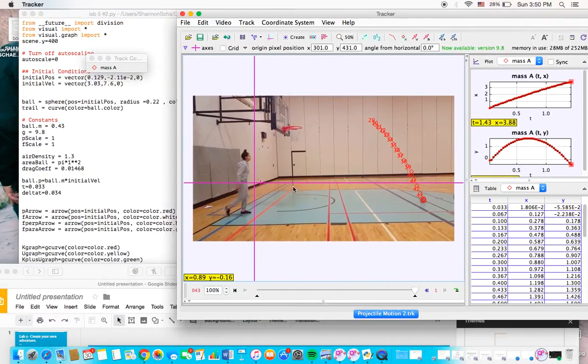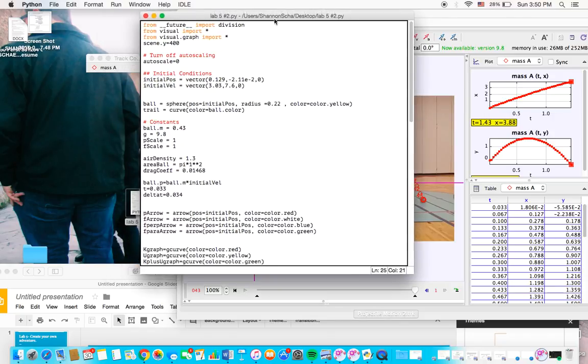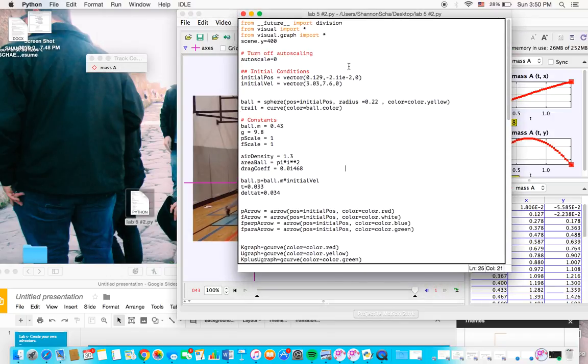From this video on Tracker, first we got the initial position, which is going to be 0.129 in the x direction and negative 2.11 e to the negative 2 in the y direction, and the initial velocity, which is going to be 3.03 in the x direction and 7.6 in the y direction.